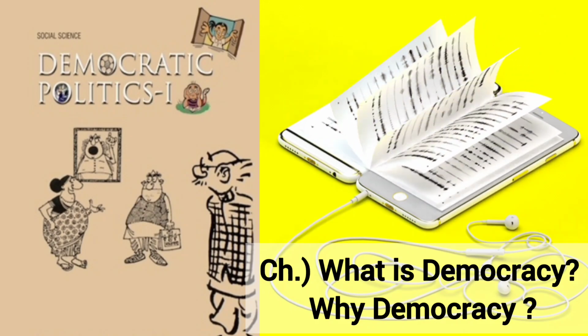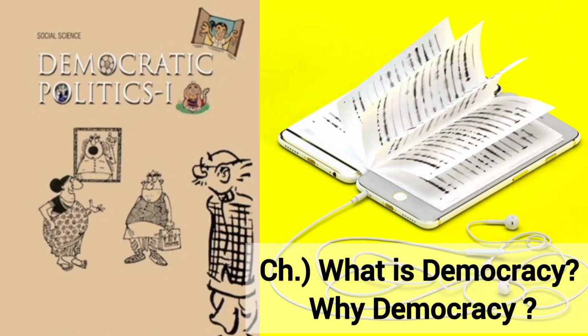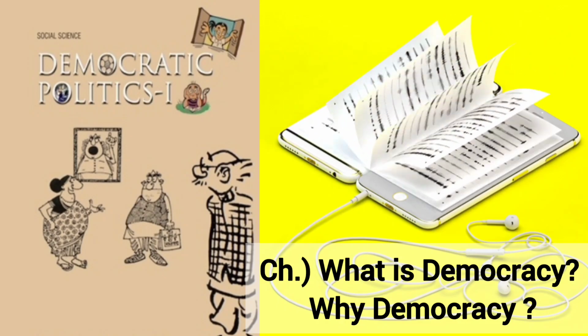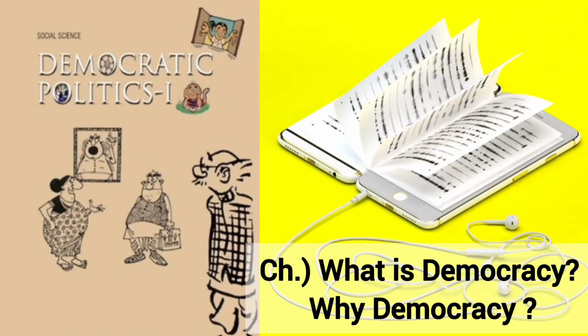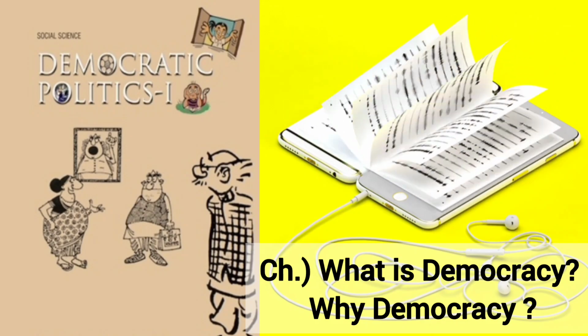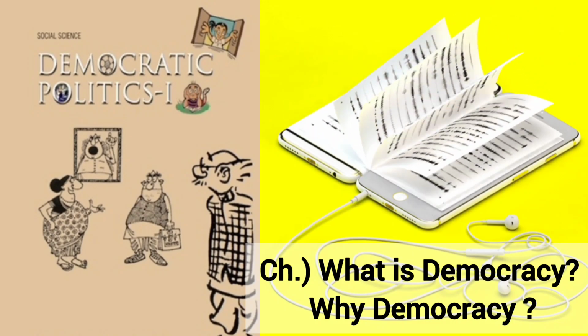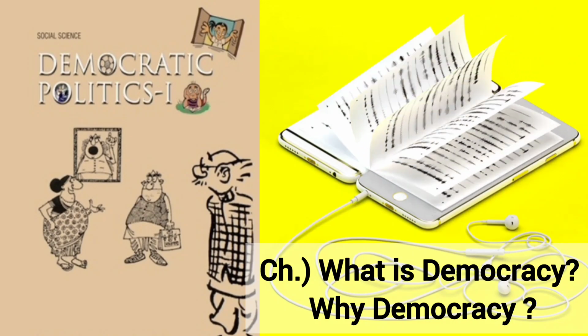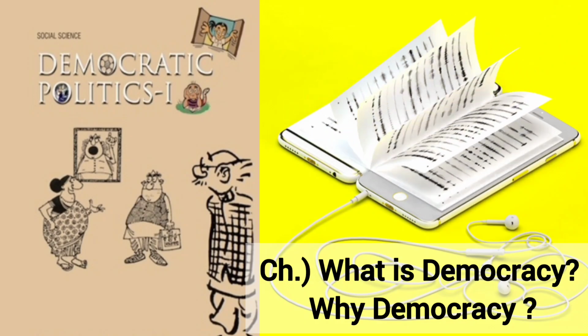These three arguments were about the effect of democracy on the quality of government and social life. But the strongest argument for democracy is not about what democracy does to the government, it is about what democracy does to the citizens. Even if democracy does not bring about better decisions and accountable government, it is still better than other forms of government.